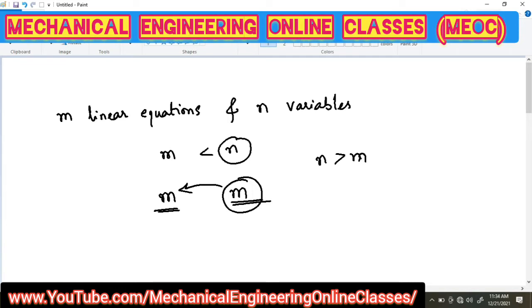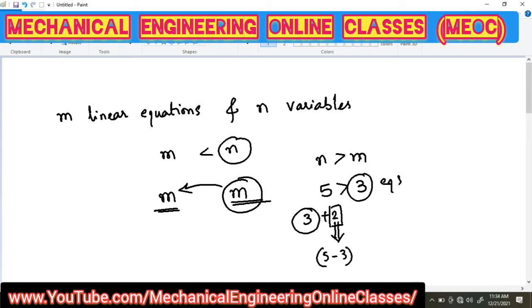say for example the number of variables is 5 and the equations are only 3, then out of 3 equations we can find only 3 variables, whereas 2 variables cannot be found. So if we set this extra number of variables, which is 5 minus 3, to 0 so as to find the remaining variables, then the obtained solution is called a basic solution.